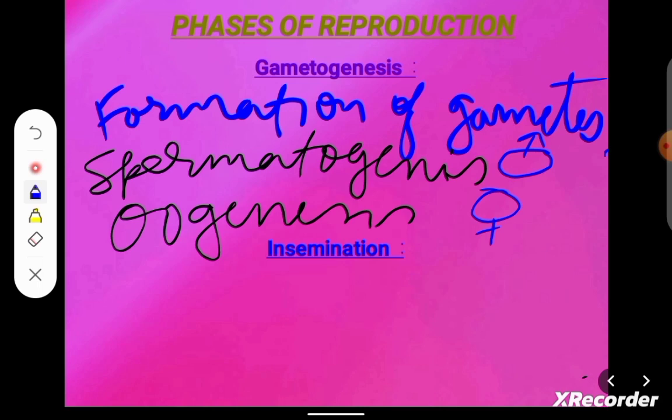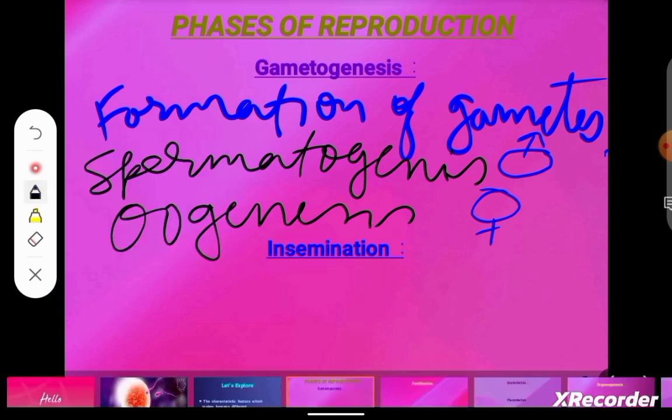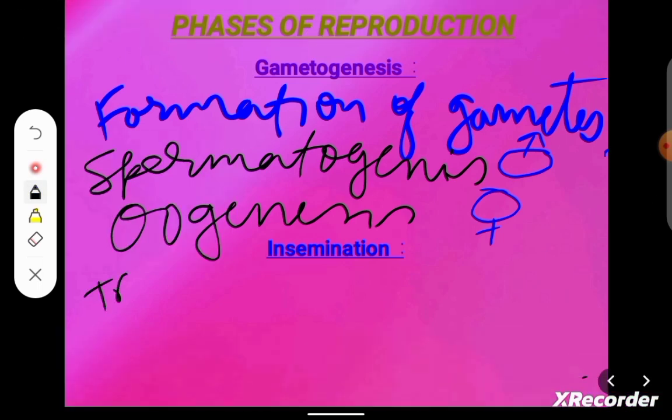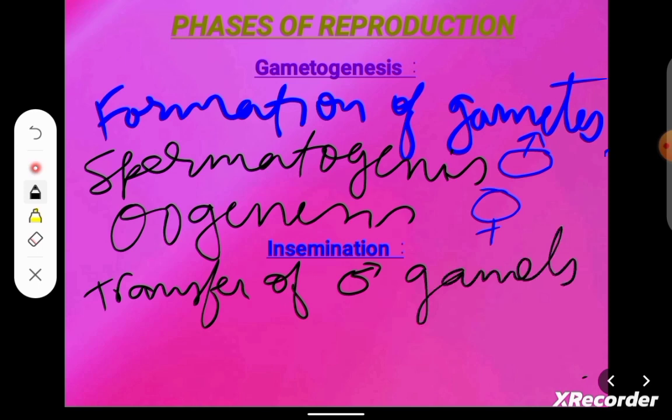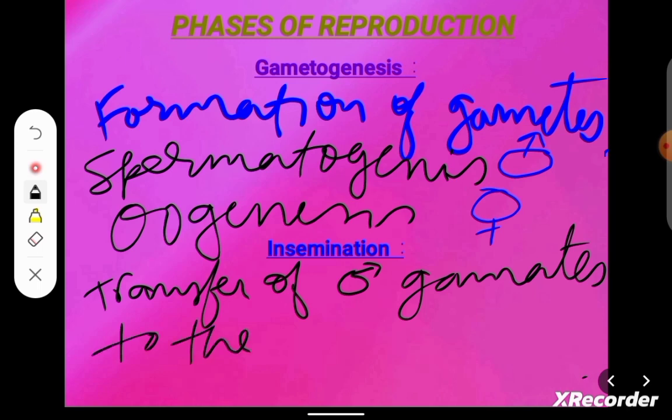What is insemination? Insemination is the transfer of male gametes to the female reproductive tract.